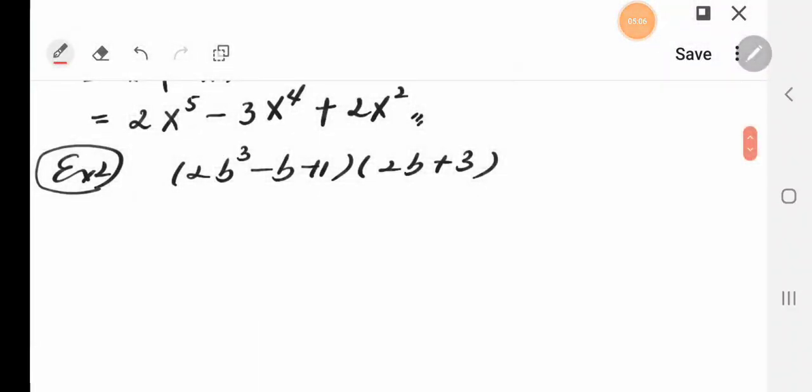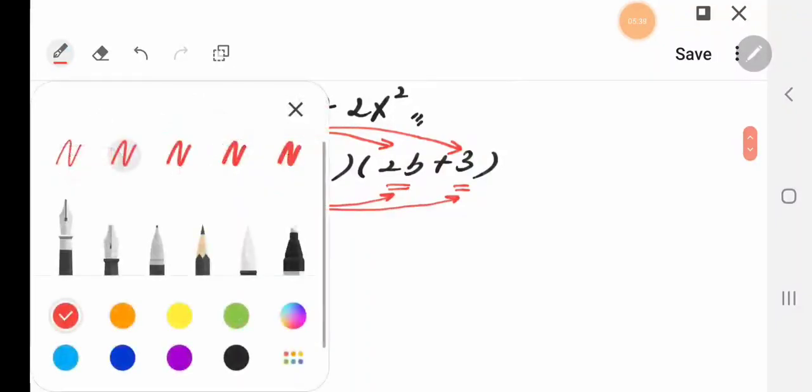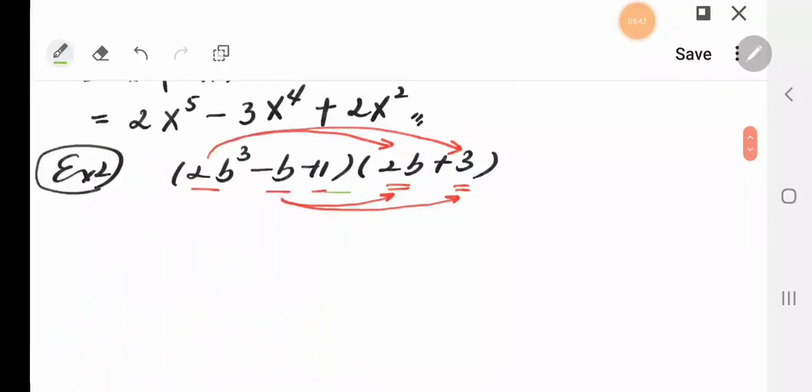Okay, in this example, this is a product of a trinomial, which has 3 terms, and a binomial, which has 2 terms. In this case, we will multiply each term in one polynomial by each term in the other polynomial. So let's multiply 2b and 3 by the first term in the trinomial, 2b cubed first. And then multiply 2b and 3 by negative b. Finally, multiply 2b and 3 by the last term, 1.